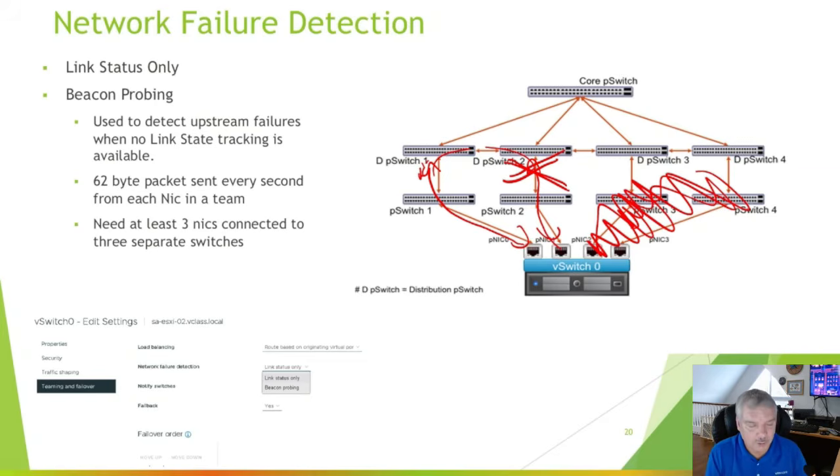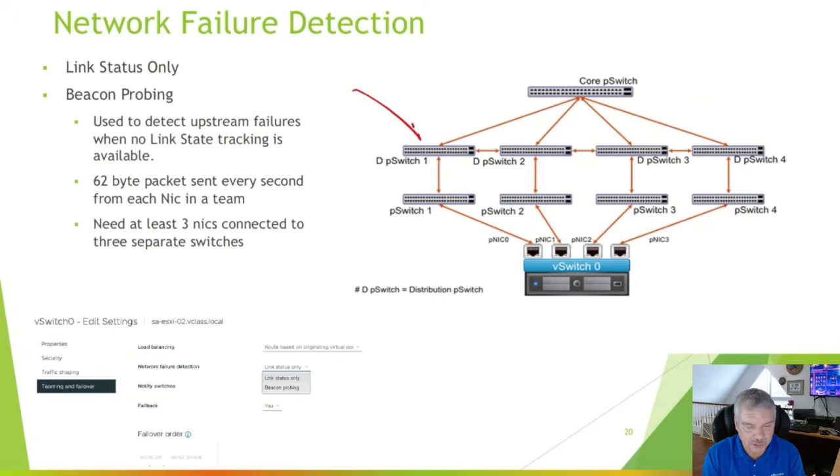So this is a software solution if your physical switches don't support link state tracking. If they do, use link state tracking. It's much better, and that's the default setting. But if you've got some kind of mom and pop cheap switch that doesn't support that, then you might want to look at beacon probing.